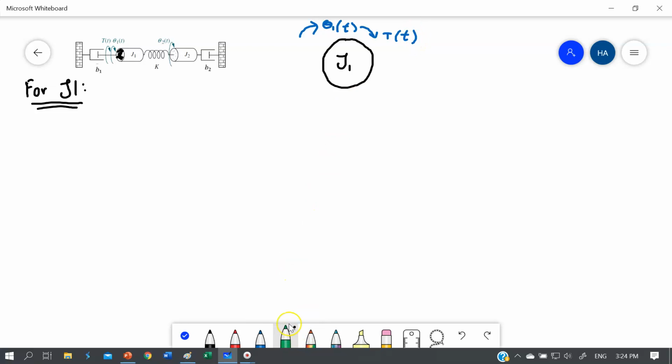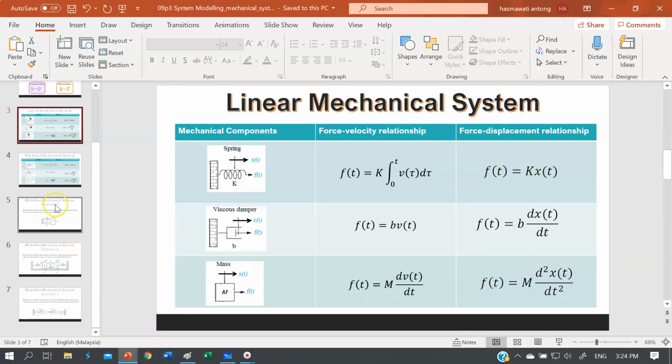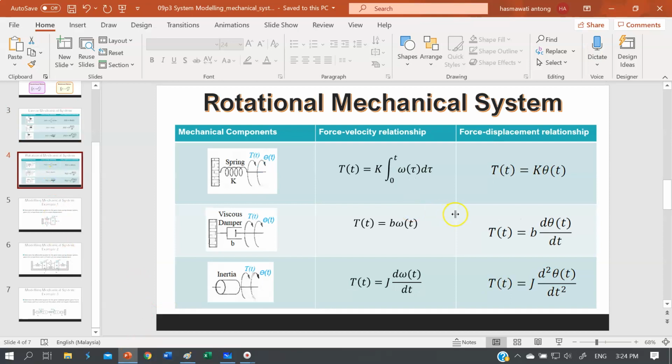Now the reaction torques will be torques due to the inertia J1, the damper B1, as well as the spring K. So we can refer to the slide that I provided to you and discussed in one of the videos as well. This is the relationship between torque and angular displacement.